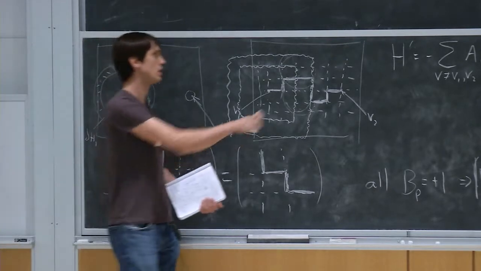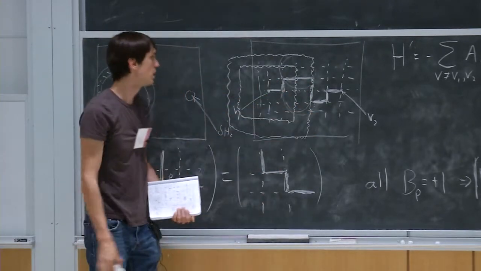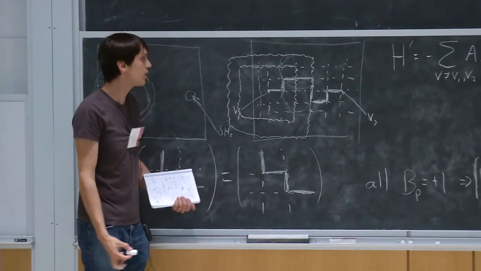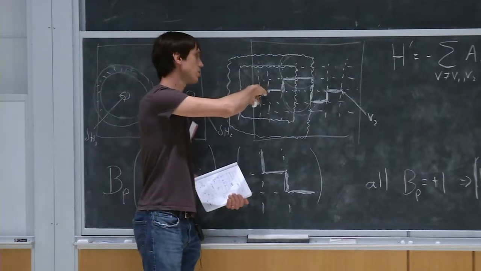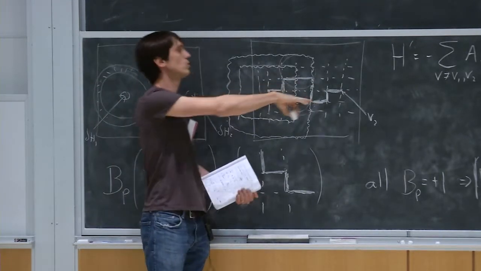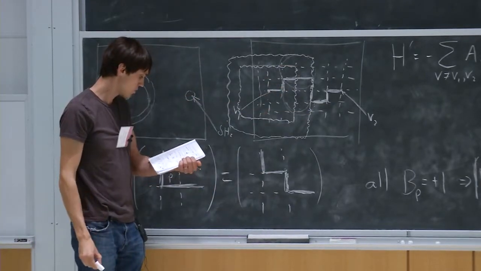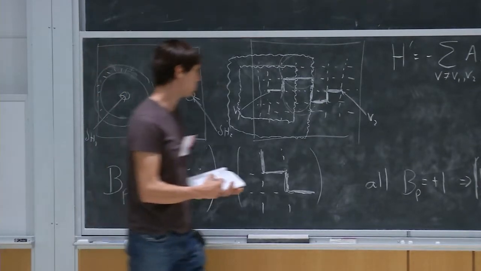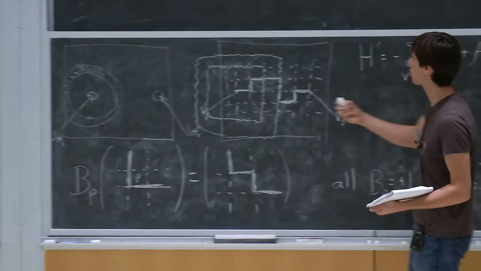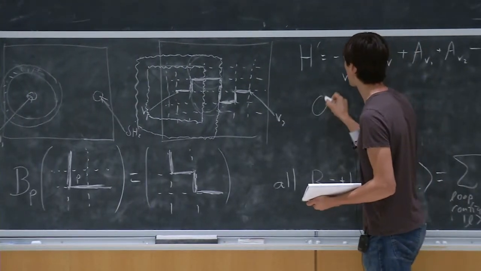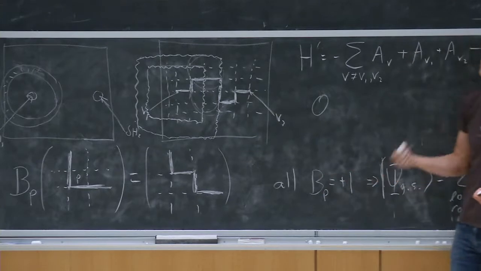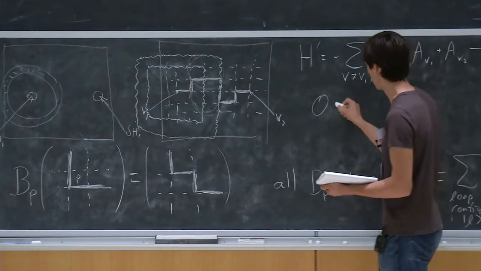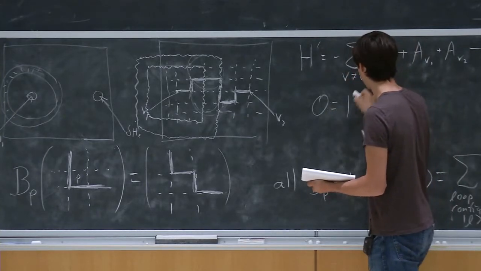In the ground state of the original unperturbed system, it's always an even number because I only have closed loops, and if a closed loop enters this region, it certainly must exit it. But in the ground state of this toric code model, I certainly have an odd number, because I can have some number of closed loops plus the string that starts at V1 and must go to V2 and must cross exactly once. More precisely, I can explicitly construct an operator O which measures not the number, but just the parity of the number of these crossings.